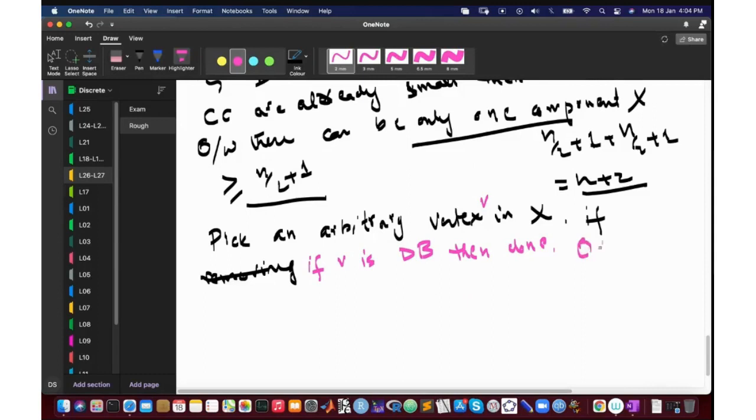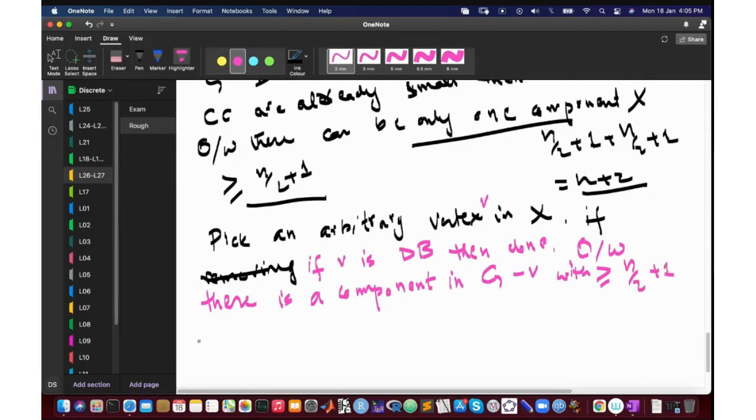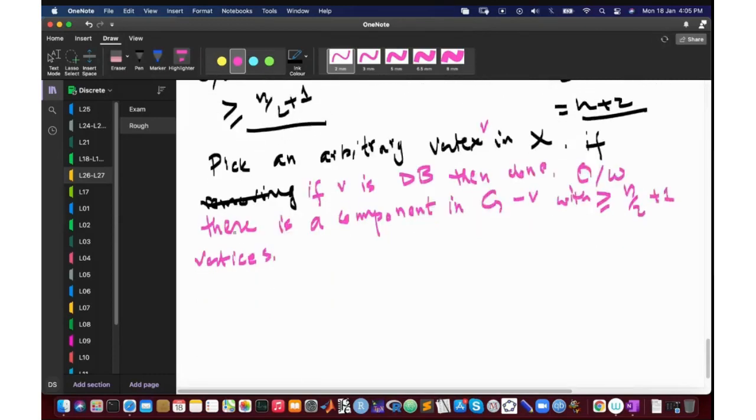Otherwise, there is a component in G minus V with more than or equal to n over 2 plus 1 vertices. Okay.